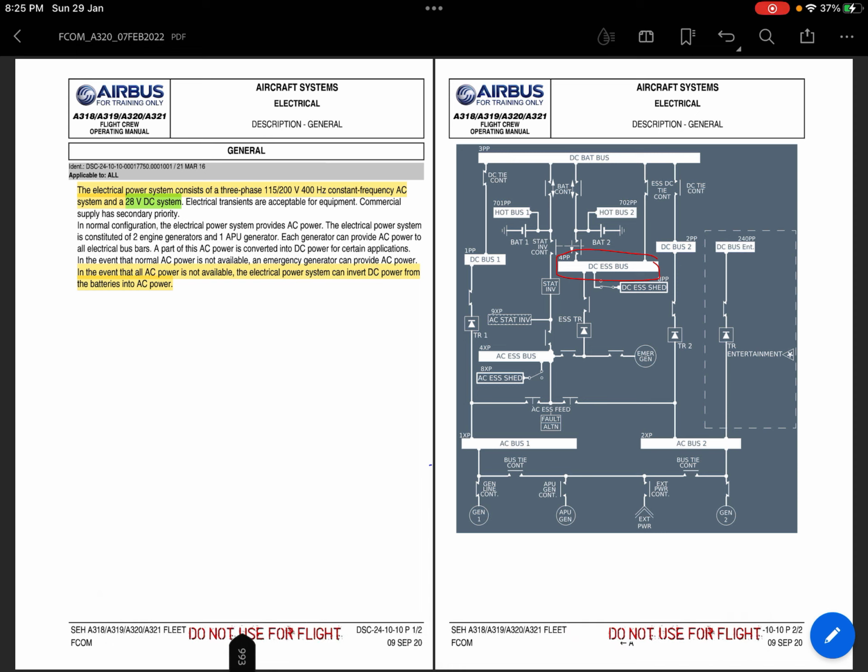I hope I was able to make it clear for you. There are two different things: escape lights, and the emergency light and exit signs. The exit signs are connected with AC bus 1. If AC bus 1 is unpowered, then the emergency light and exit signs will be illuminated. The second thing is escape lights. Whenever there is a loss of power at the DC essential bus, they will be illuminated automatically.